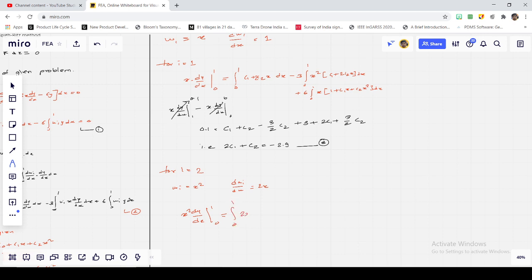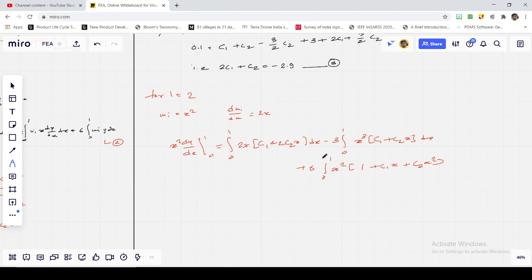You will get 2x into c1 plus 2c2x dx minus 3 integral 0 to 1 x cube c1 plus c2x dx plus 6 integral 0 to 1 x square into 1 plus c1x plus c2x square dx.